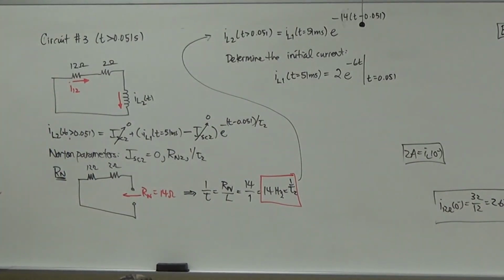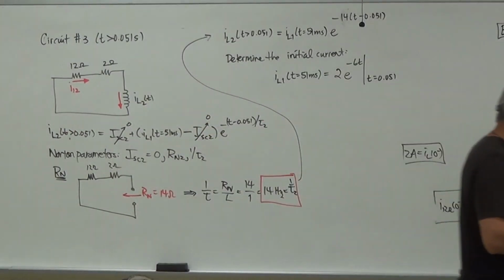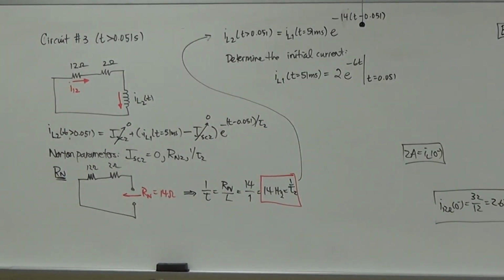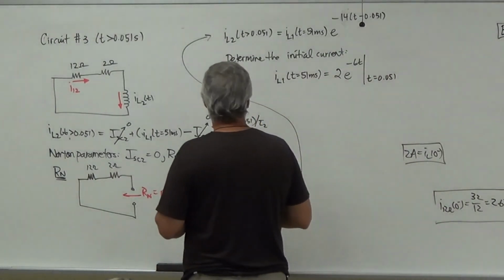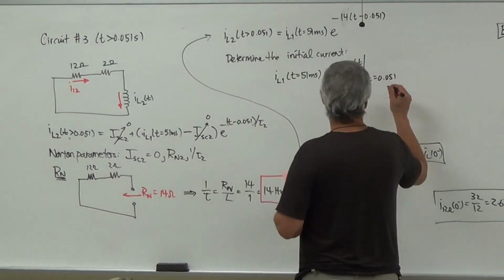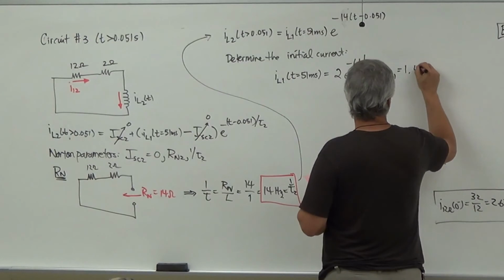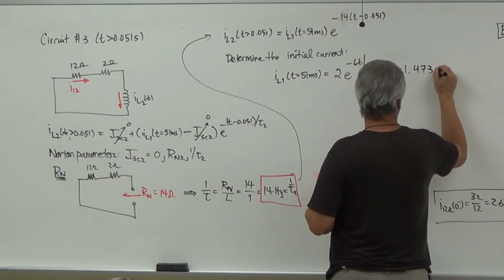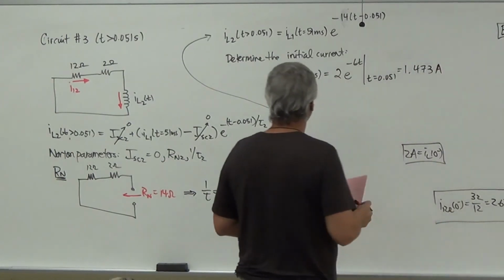If I calculate this, punching that number in, I get 1.473 amps. Okay?